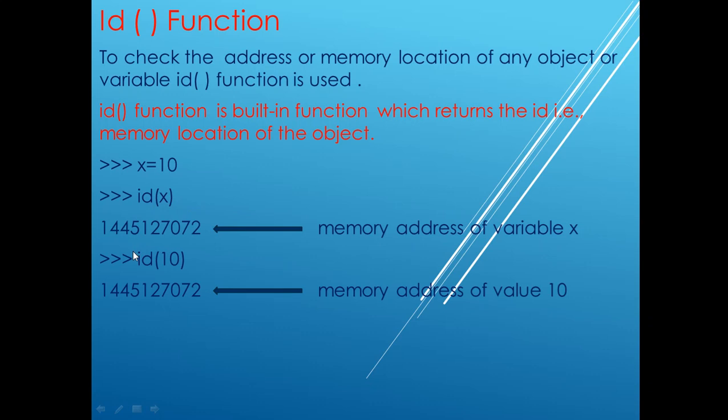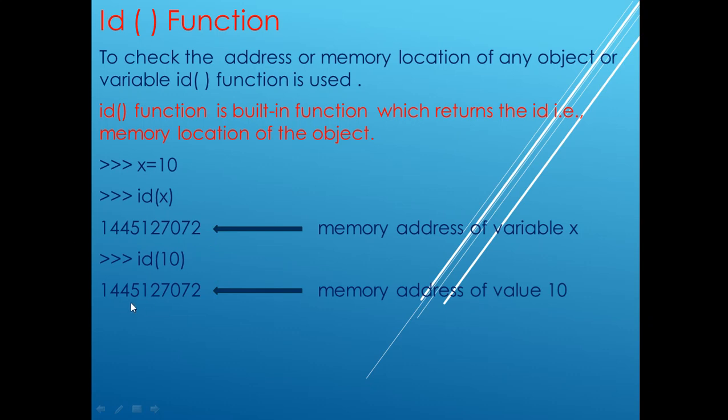In the same way, if I want to see the id of this 10, or in which memory location it is stored, the second time I have given the command id of 10. So id of 10 returns the same value as id of x. That means x as well as 10 both point to the same location, the same memory address. If you write id of 10, you get 144512707.